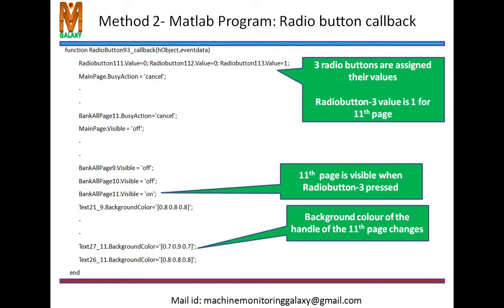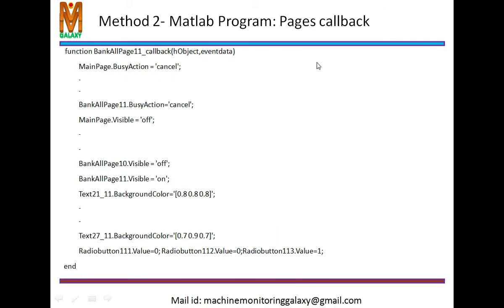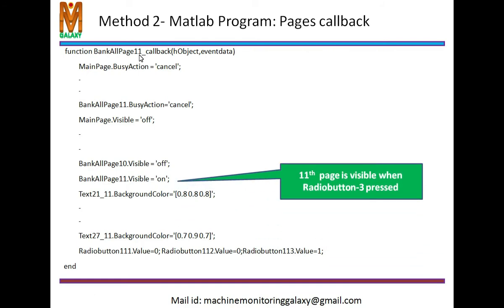So this is all about when you have a radio button pressed. Similarly, when we press the pages, that is performance 5/7, performance 6/7, performance 7/7, then the page, not only the 11th page, will be visible. So this is an example for the 11th page, that is radio button 3.